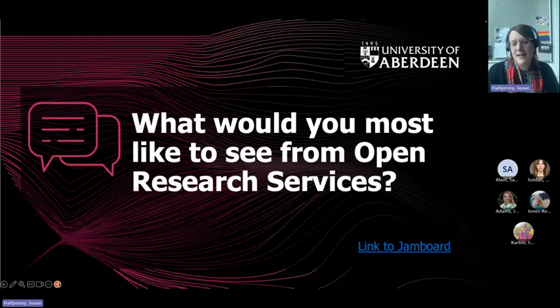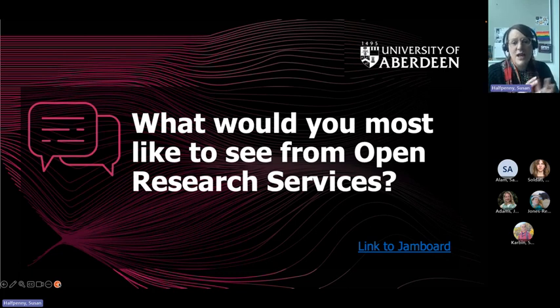We are always interested in hearing about what you would like to see from our service. So I'm not going to go to the Jamboard today, but on the final page of the Jamboard, if people have time to fill that in afterwards, we're really interested in hearing about what support you could use. So I've covered some of that today, but if there are other things that you think, I'd really like some help with this, obviously, if it's an individual query, do contact us at openresearch@abdn.ac.uk.